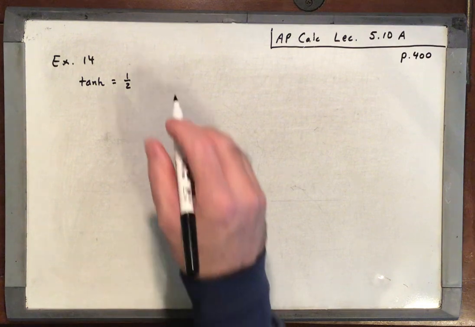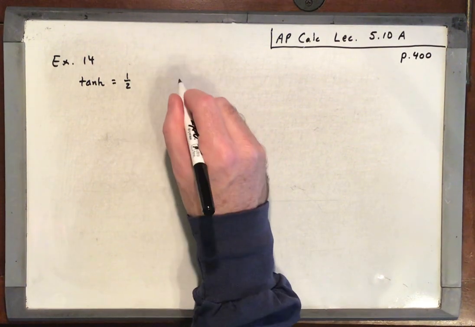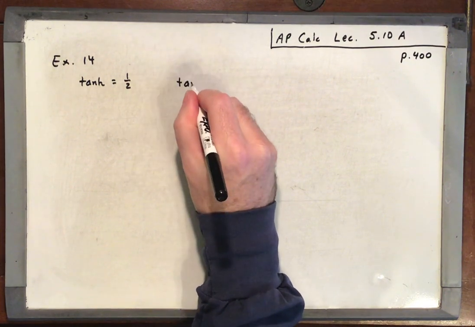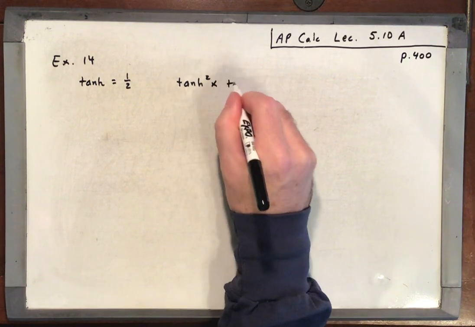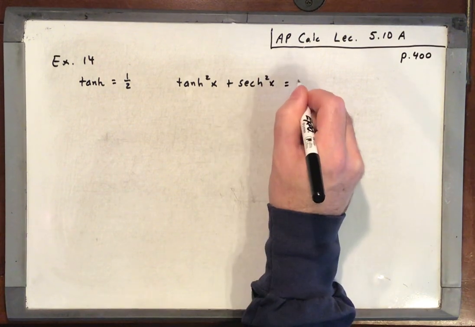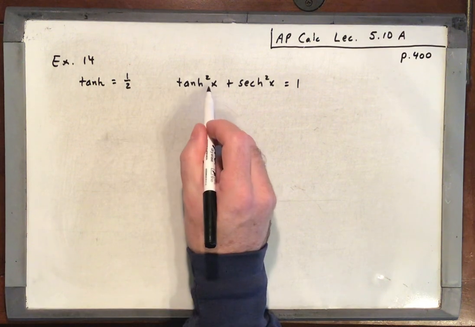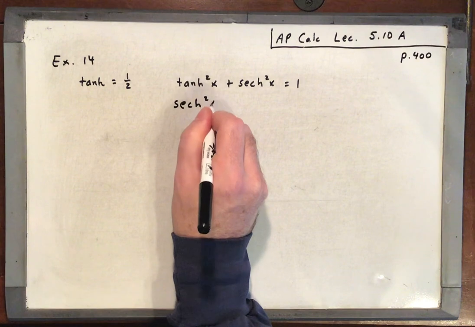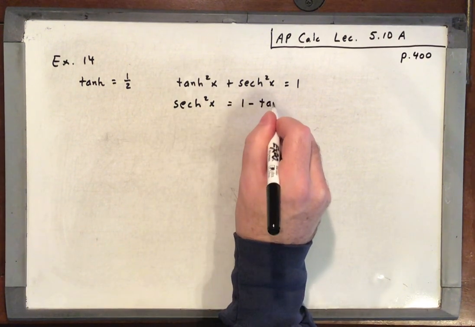Okay, so the first one, you'll see on your identities on your sheet that we have hyperbolic tangent squared plus hyperbolic secant squared is equal to 1. So I can plug 1/2 in for that and square it. So, rearranging, we would have hyperbolic secant squared is equal to 1 minus hyperbolic tangent squared.